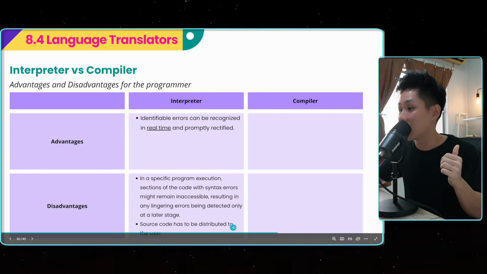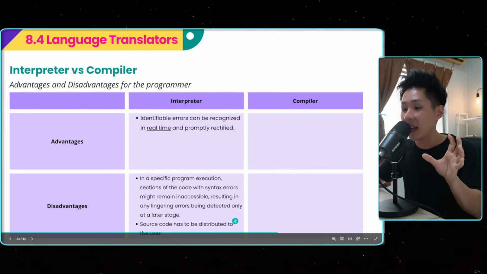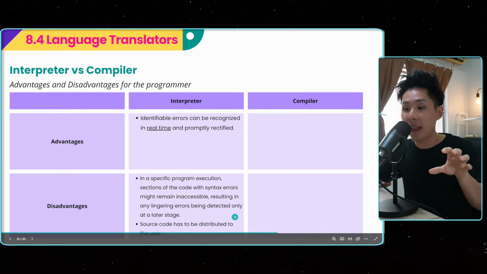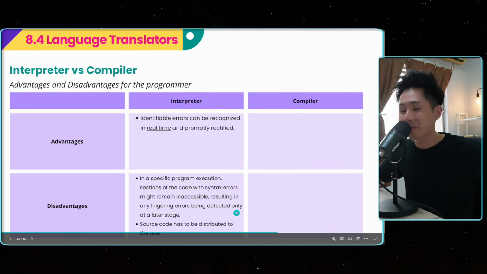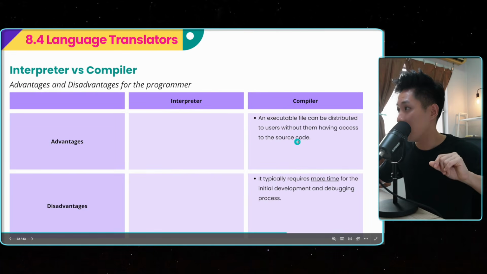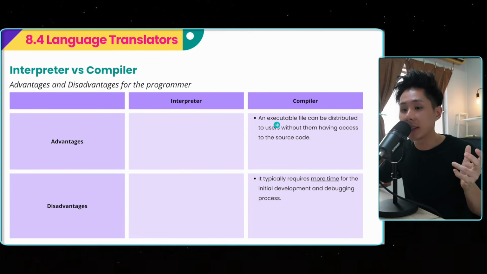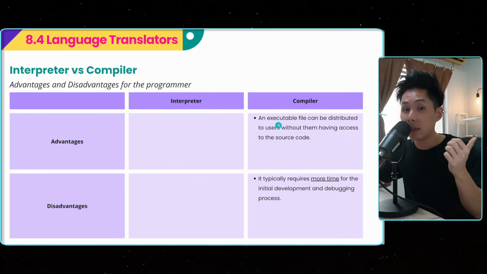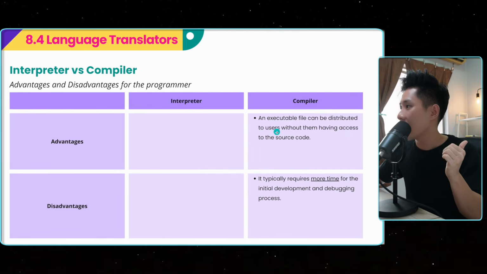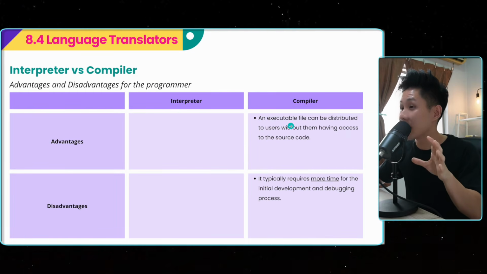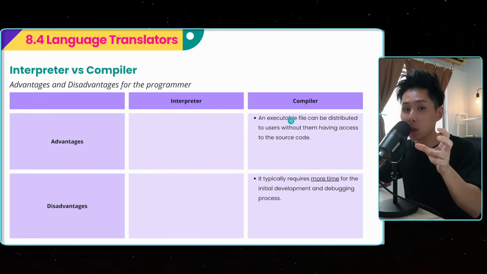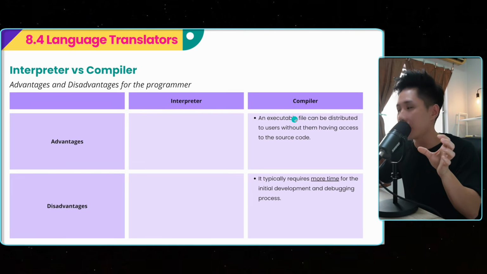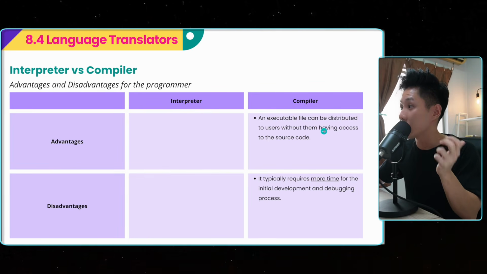And source code has to be distributed to the user, which means if the programmer has written this code and they want to sell it to other people, they have to distribute the entire source code to other people. As for the compiler, the benefit of it is that because it will generate an executable file, instead of giving the purchaser, the user, the source code, in case you want to keep it private, the executable file can be distributed to the user without having them access the source code.